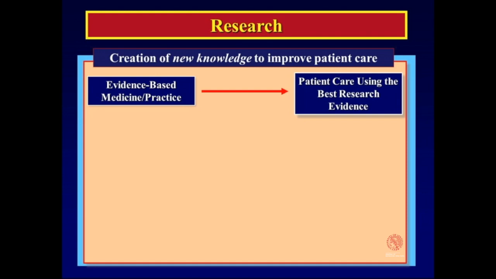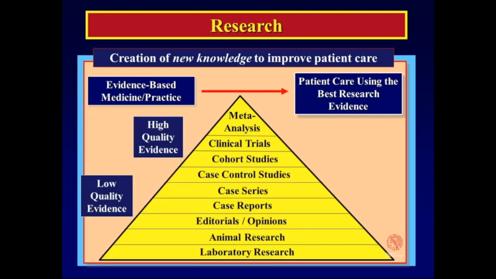And the evidence, as you know, in the literature, there are different ways to look at the evidence, but mostly you see this pyramid of evidence with what we have considered high quality evidence, the prospective, randomized, double-blind clinical trial.